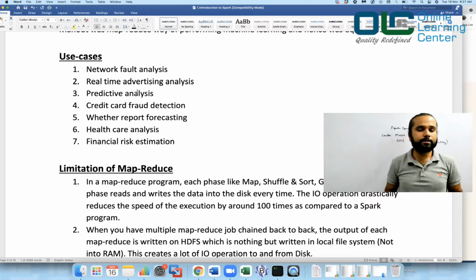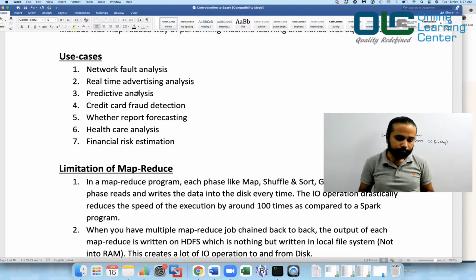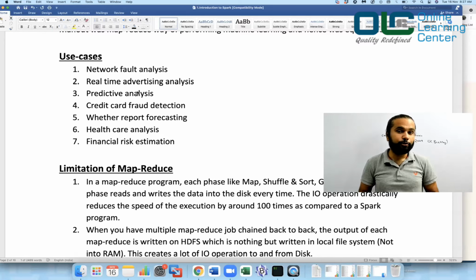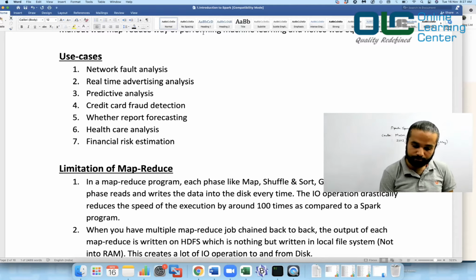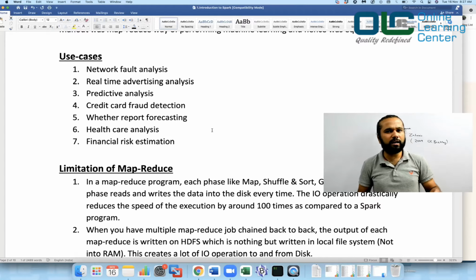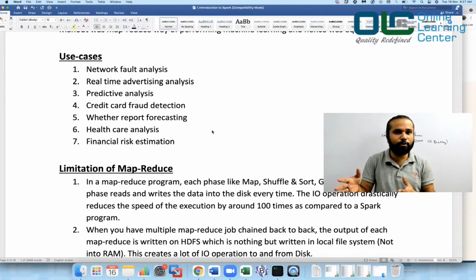Next, predictive analysis, predicting something. Again, it's basically a machine learning thing, but if you want to do it at scale, you will have to use a big data solution. For example, can you predict the house rent of a particular house in a particular society? You can, because you work on the previous data, the history data.